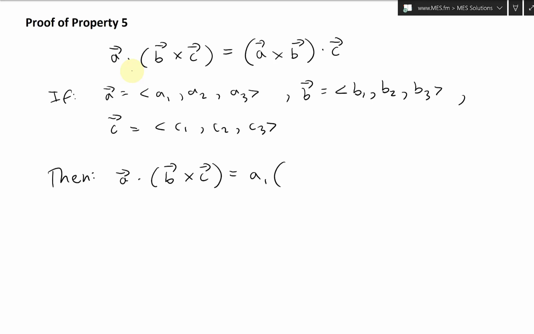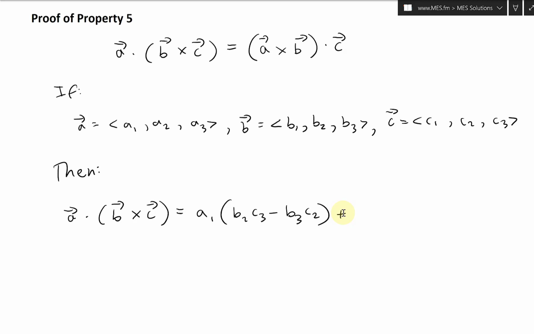And we already know this, and if you memorize it, it's just going to be B2 C3 minus B3 C2. Next one, you could subtract, but I'm going to just add there and then flip around the direction of it. So we're going to have A2, the second component, multiplied by the second component of this cross product.